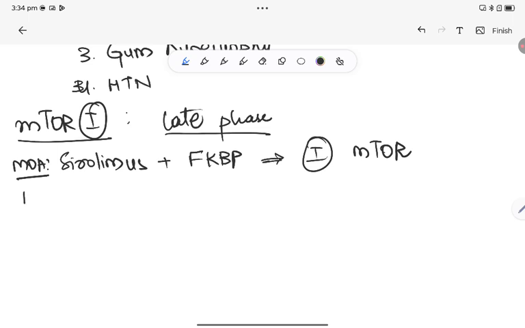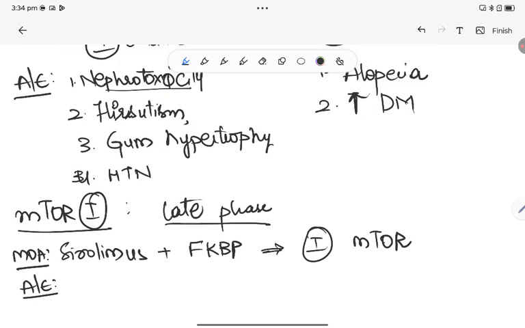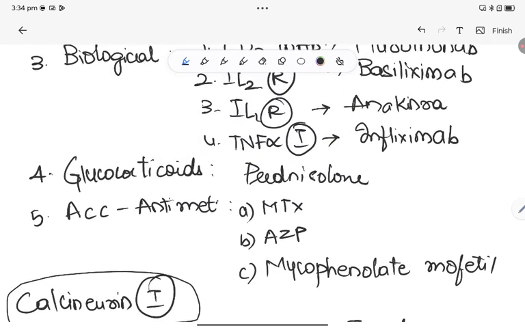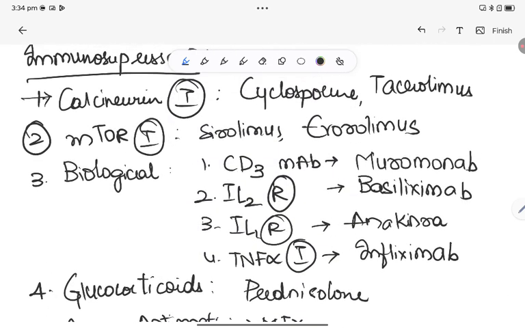Clear? The adverse effects: these are much less nephrotoxic, but we do see an increased incidence of diabetes and opportunistic infections.